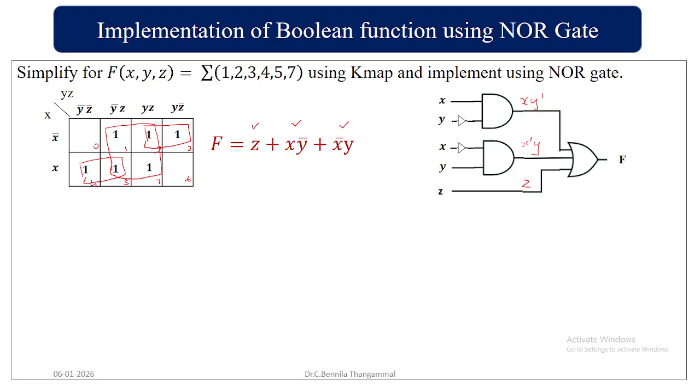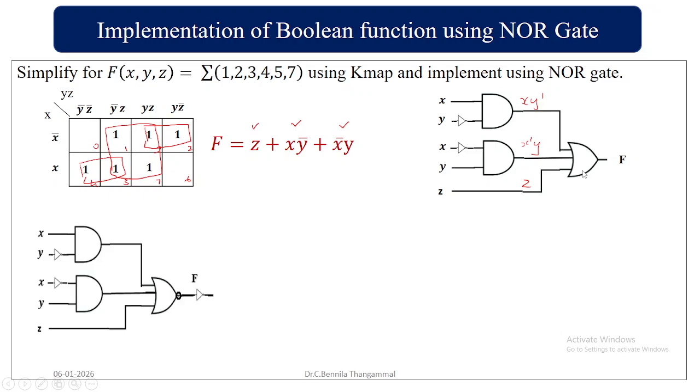So in your NOR implementation, the next step is I have to convert the OR gate into a NOR gate. Here I have only one OR gate, so I will be converting this one by introducing the bubble, so that I have to go for a NOT gate at the end, right? So this is the compensation, so that my value will not be changed. So the second thing is I have to convert your AND gate into a NOR gate.